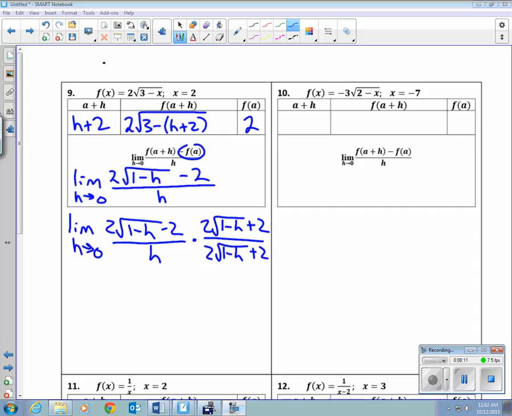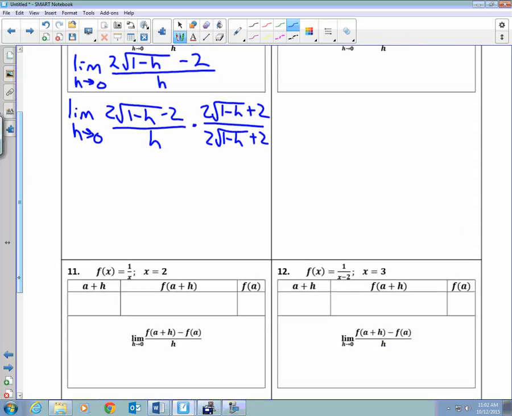So I multiply and I end up with the limit as h goes to 0 of the 2 times 2 will give me a 4. The square root will go away, 1 minus h. Conjugate means the middles cancel out, so I'm just left with the end, which is minus 4 over, be very careful with this bottom, h times the quantity 2 roots of 1 minus h plus 2.